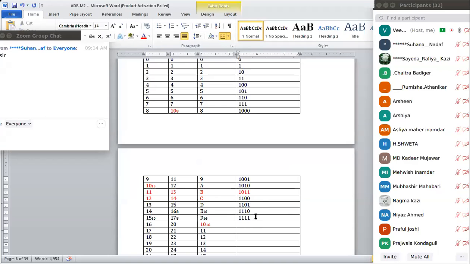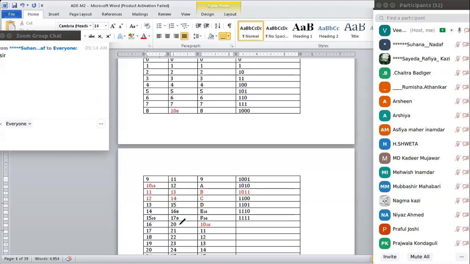Okay, so this is how it goes on. Then after F, I don't have another number in hexadecimal number system. So 15 in decimal number system, 17 in octal number system, F in hexadecimal number system, 1111 in binary number system. Okay, so after 15, what will come in decimal? It is 16 as usual, right?